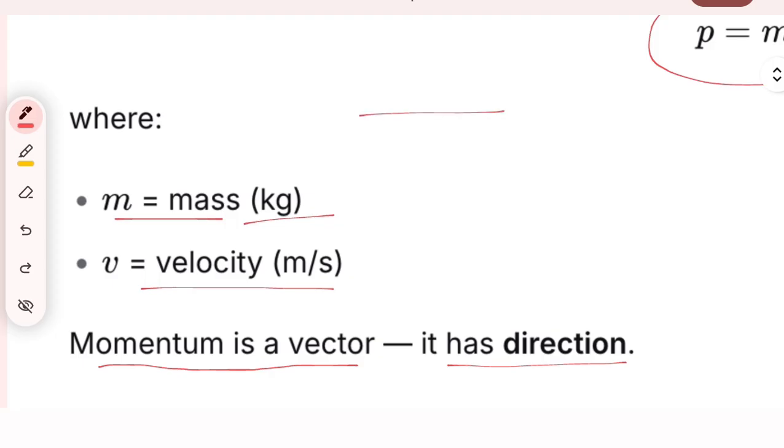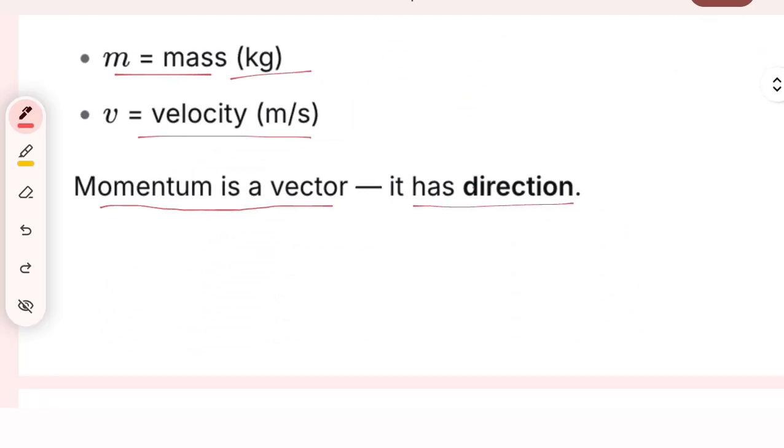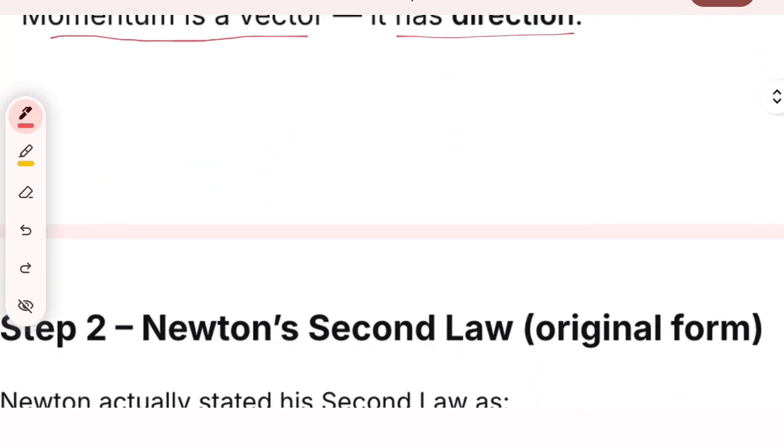If the velocity goes in that way, there's a mass there and a velocity going that way, therefore the momentum is going in that direction as well. Remember the formula: mass times velocity.